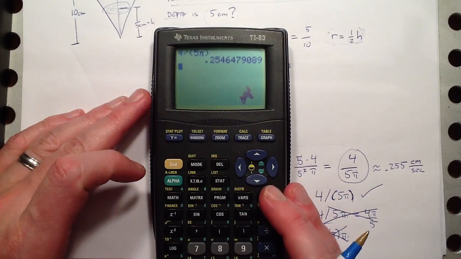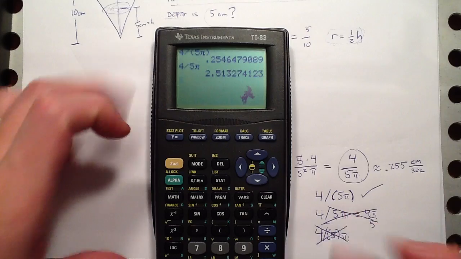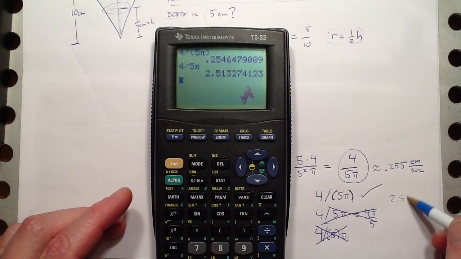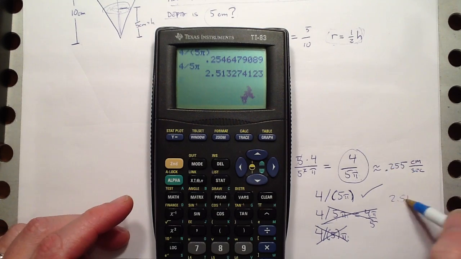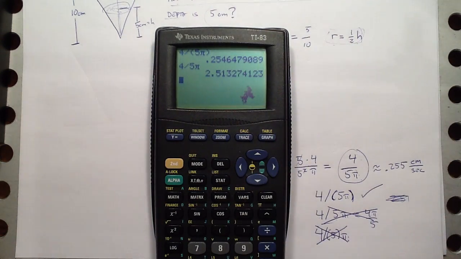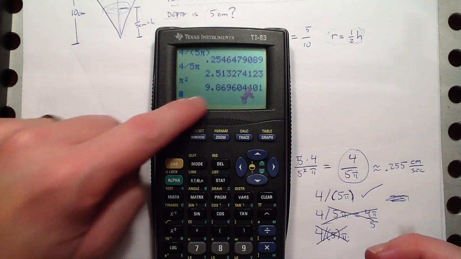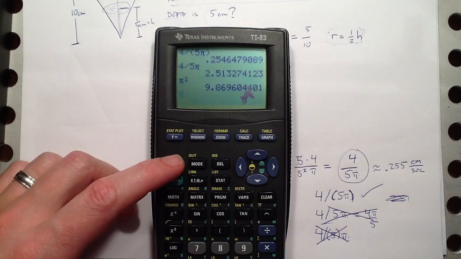But if you do 4 over 5 pi, look at that, you get 2.51. So you might think to yourself, oh, I just missed the decimal point, but it has nothing to do with that. It's just because of the multiplying and dividing, you're basically off by a factor of pi squared, which is almost 10. Right? So there you go.